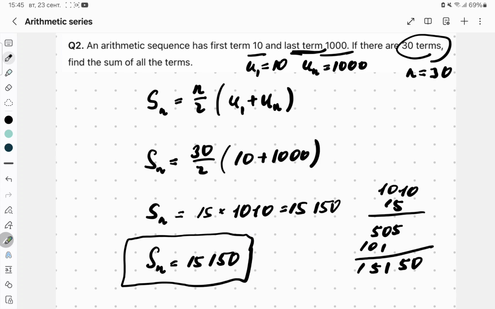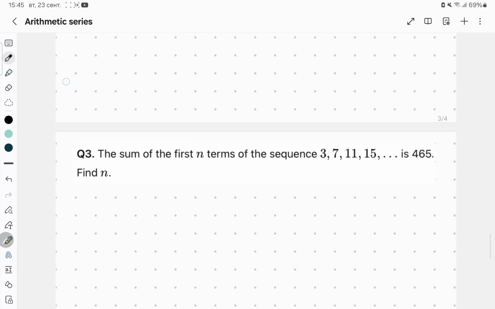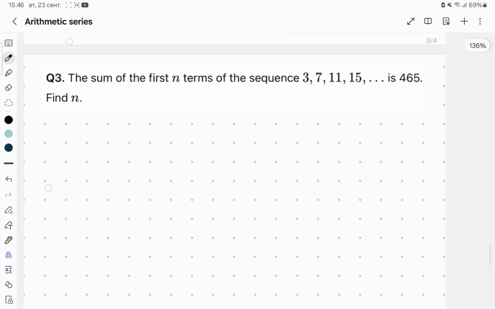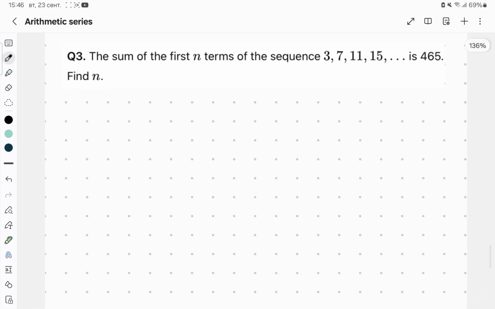Okay, and let's consider the last question about the arithmetic sequence. So this is about the arithmetic series. This is a sequence not given. So you see, we have to obtain all the parameters by ourselves. So here u1 is equal to 3. I hope it is obvious for you, because this number appears first in the sequence.